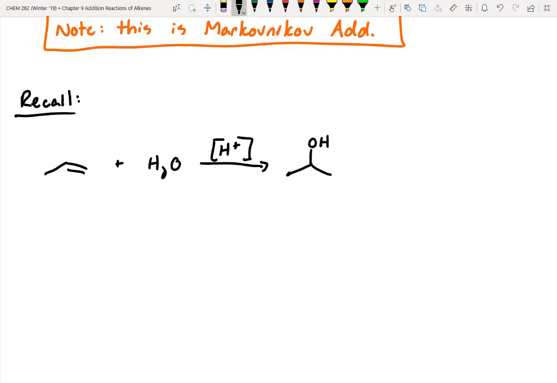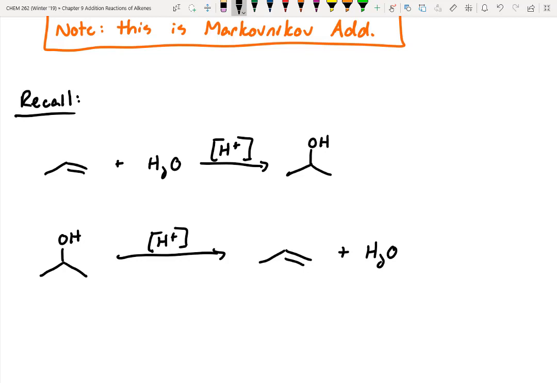However, last term we saw that you could go from your alcohol with catalytic acid to an alkene plus water. These are essentially reverse reactions of one another, right?